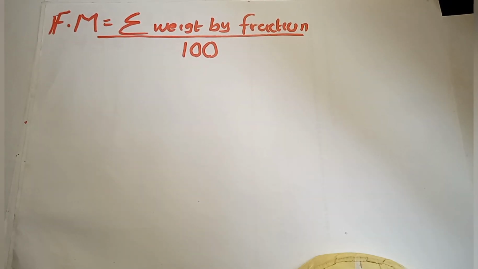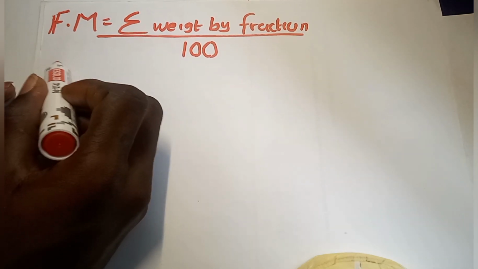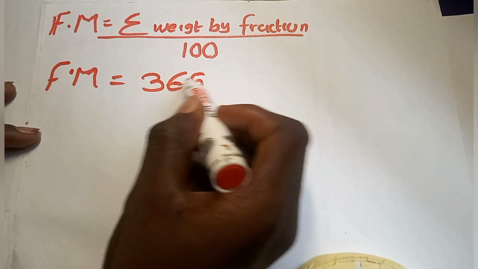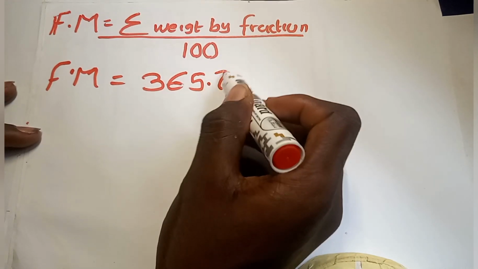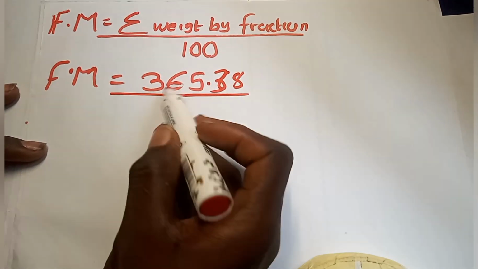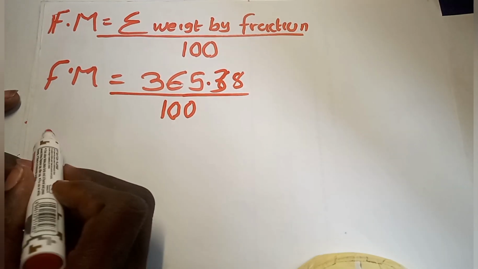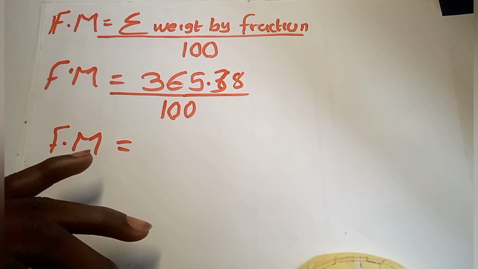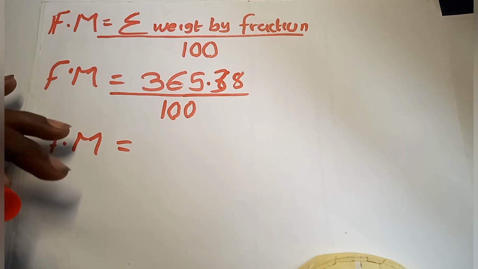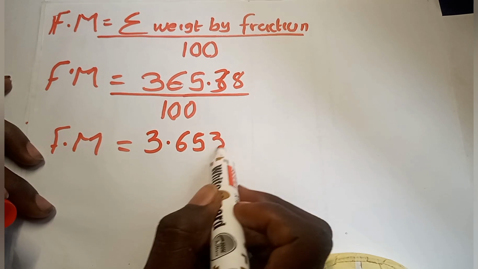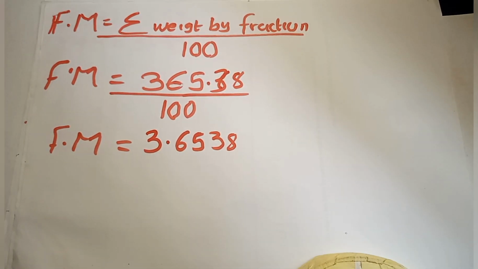Since we know this, we can easily say that the fineness modulus FM is equal to 365.38 all over 100. Dividing by 100, you get 3.6538. So that is our fineness modulus, and the question does not stop there.